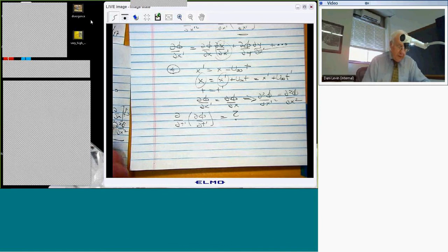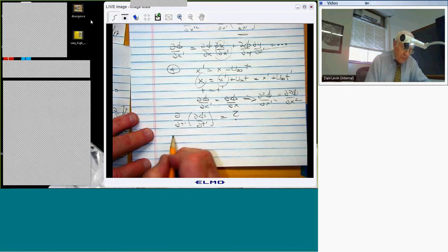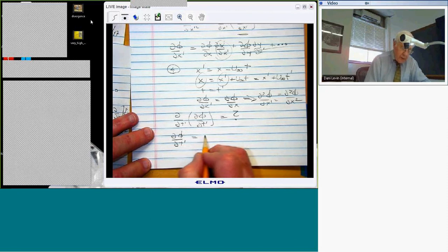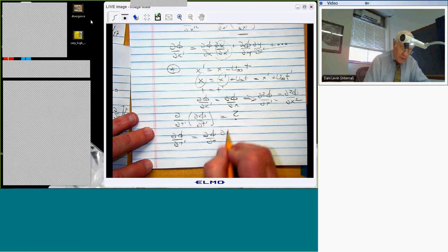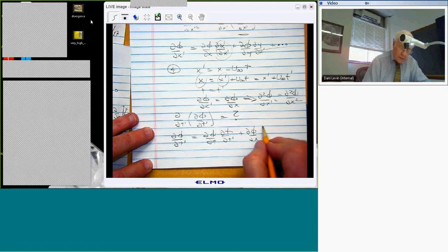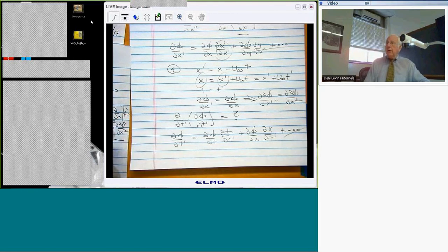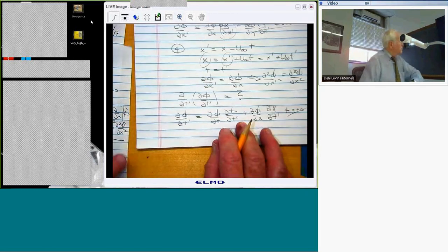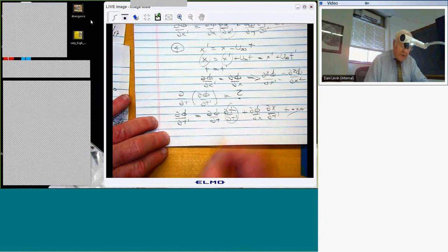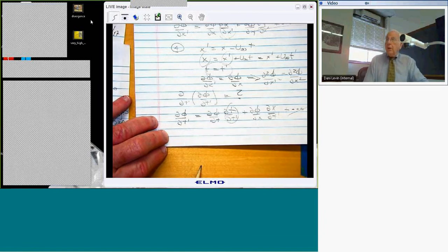Okay. So we'll first of all do partial phi with respect to t prime. It's the partial phi with respect to t times the partial t with respect to t prime, plus the partial phi with respect to x times the partial x with respect to t prime, plus some other things which turn out to be 0, and I'll let you verify that. Partial t with respect to t prime is clearly 1, right?